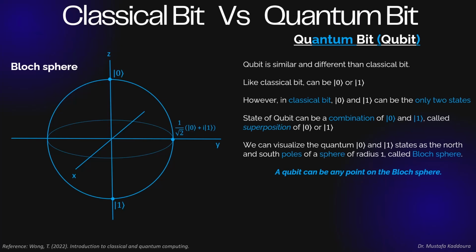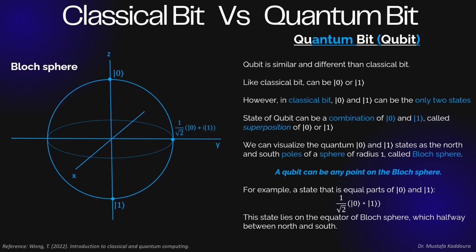It has this mathematical representation of the superposition of 0 and 1. We have other unique states on Bloch sphere, which are the intersection of the x-axis, y-axis, and the z-axis with the Bloch sphere. These are all possible states that a qubit can handle as a superposition.